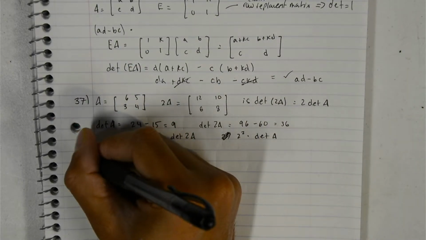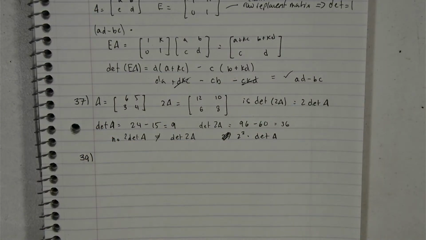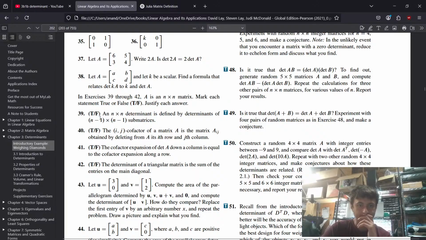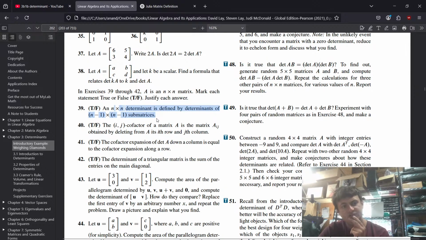All right, now it's time to do 39. I think these are true false, so we can just walk through them. An n by n determinant is defined by determinants of... I believe that's true. So that's true. All right, number 40.